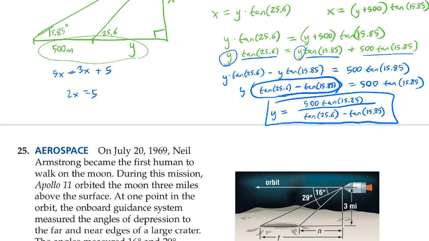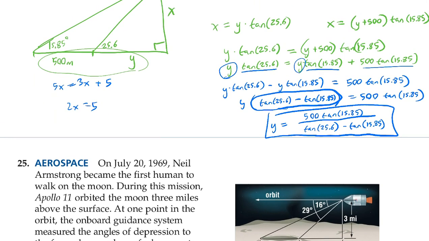We're not looking for that. We're looking for the value of x. So we're going to have to plug this back in. So I'm going to solve for y really quick. Okay, I'm going to take out my calculator. It's a long expression to write in, but that's okay. So I'm going to start with parentheses, right? I have a graphing calculator, so it can handle these parentheses. So 500 times tangent of 15.85, end that top parentheses.